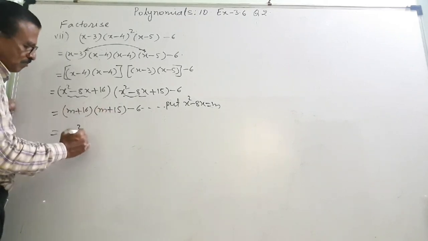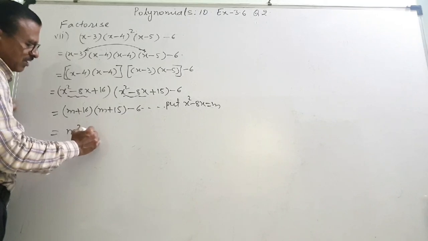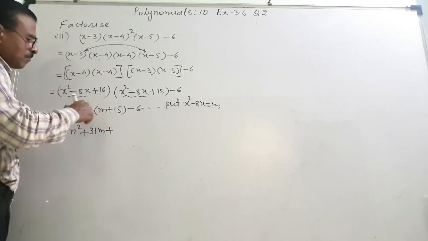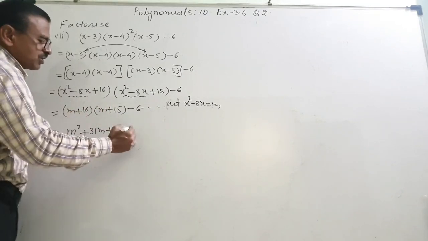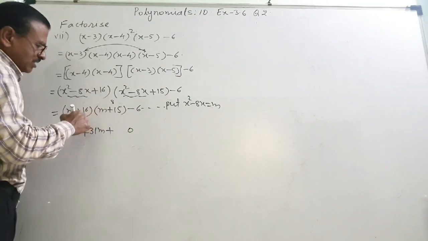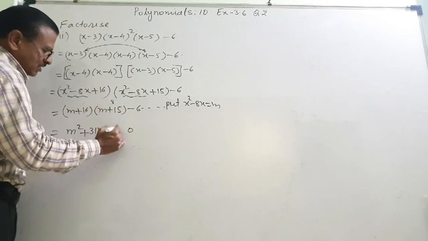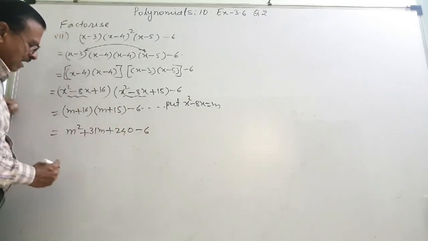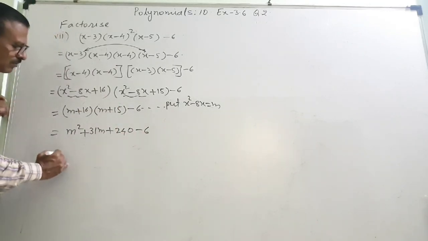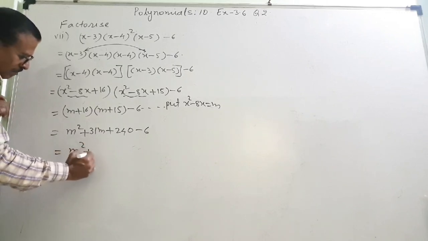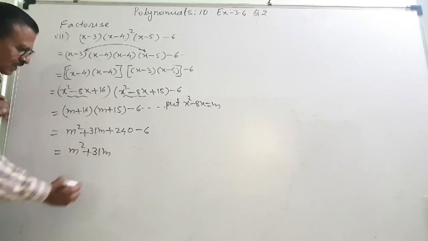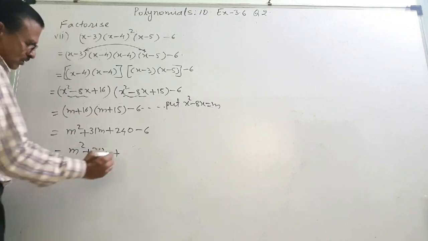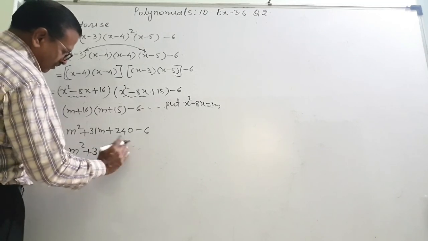Addition of these two, 16 plus 15, 31m, plus multiplication of these two, 16 fives are 80, 16 ones are 16, 80 plus 16 plus 8 is 240 minus 6. That is equal to m square plus 31m plus 234.